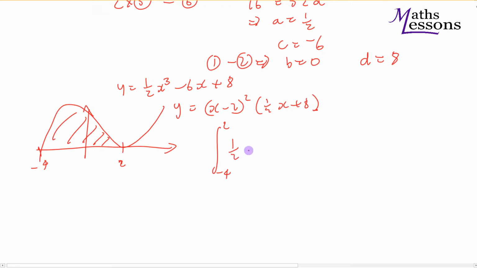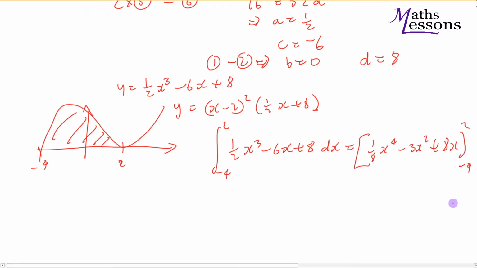So we're going to integrate half x cubed minus 6x plus 8 dx. That will give us 1/8 x to the 4 minus 3x squared plus 8x, between 2 and minus 4.